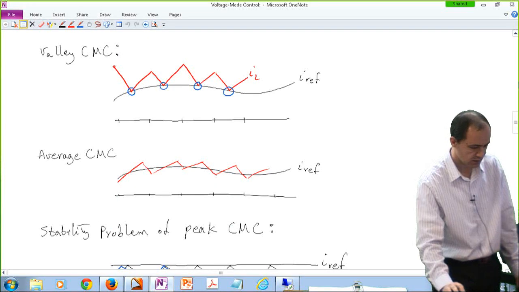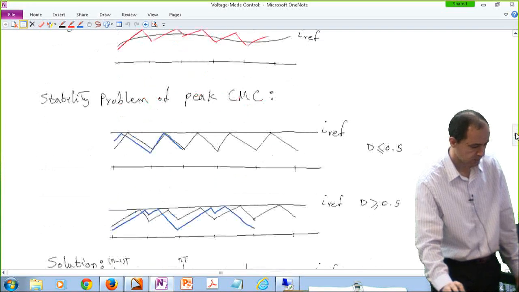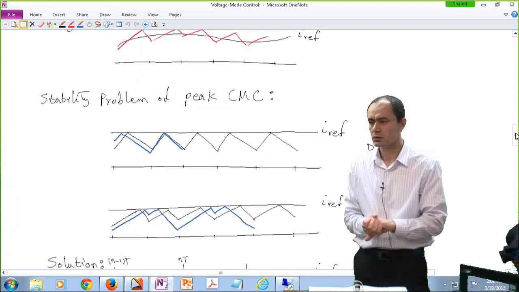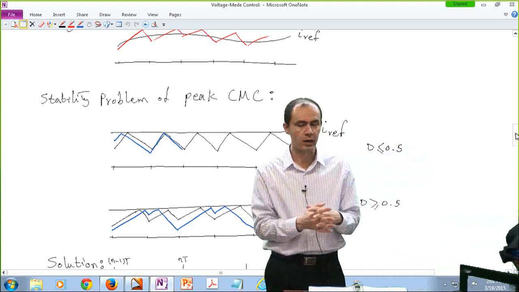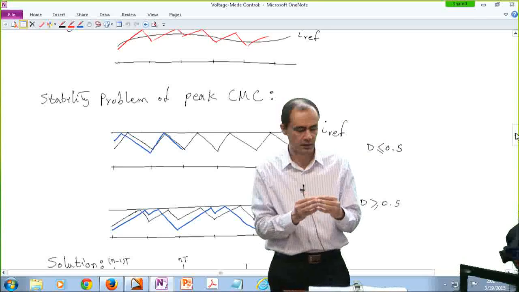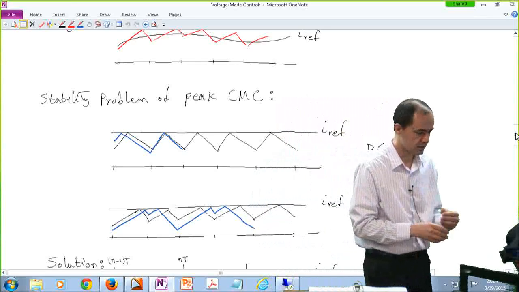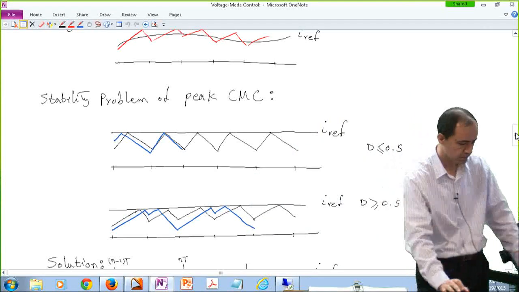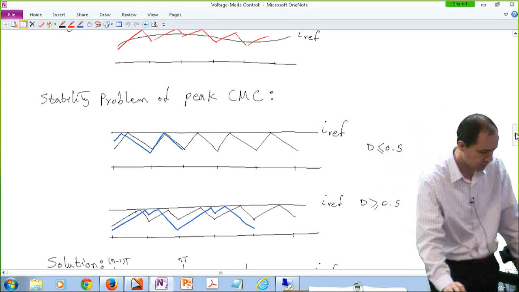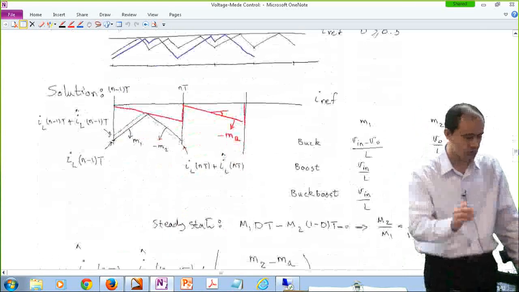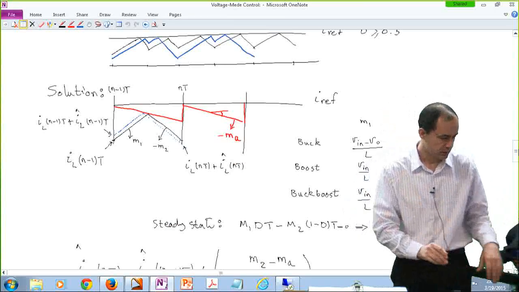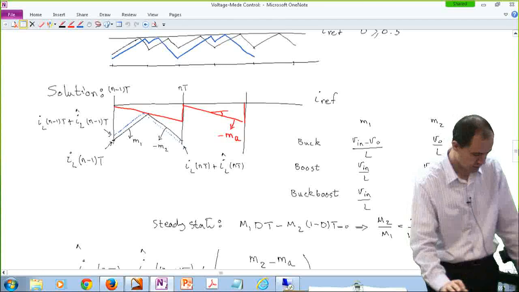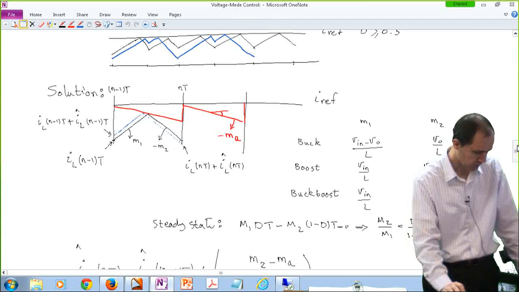We also discussed that there is a little bit of a stability problem associated with peak current mode control, and that is when the duty cycle is greater than 0.5, the system gets a little bit chaotic. There is a simple solution for that, and that is actually adding some external ramp to our reference signal, or actually subtracting some external ramp to our external signal, to our reference.